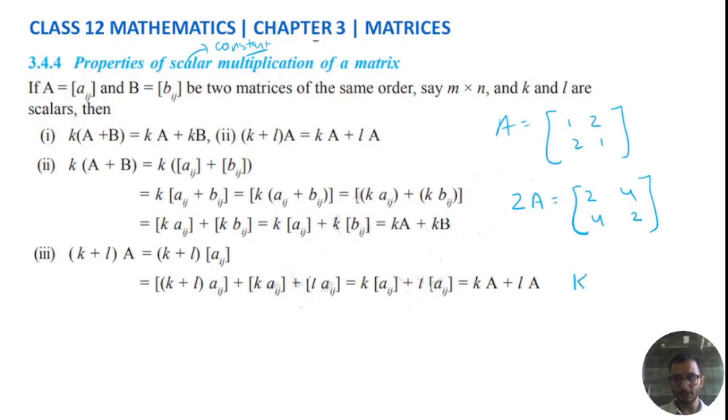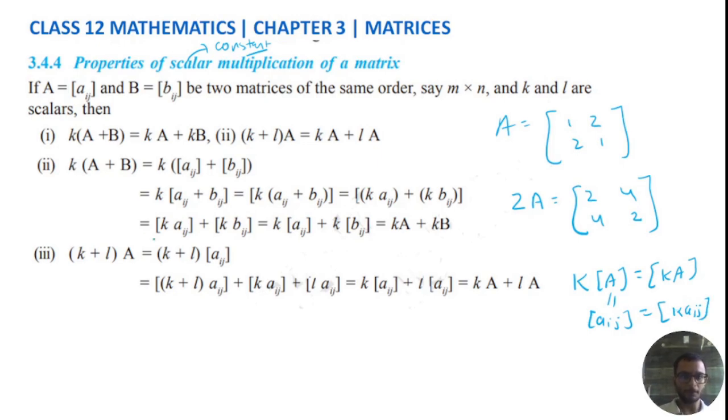So what is K times matrix A? It is the matrix whose elements are K times the elements of A. In the sense that if A has elements Aij, then K times A will have elements K into Aij. You got it, right? This is called scalar multiplication.